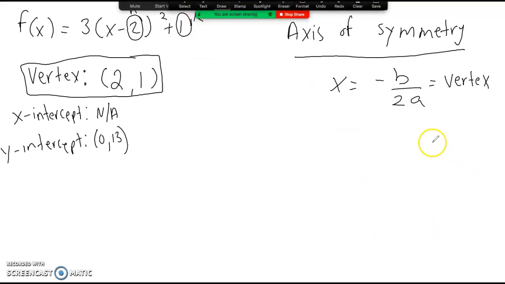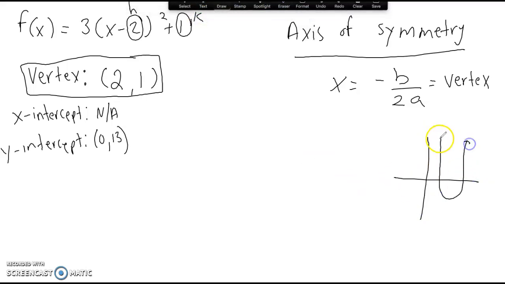So for example, if you have a graph like so, the axis of symmetry goes through the x value of your vertex, since your vertex is the highest or the lowest point of your graph. That's why you're using the same formula, because the axis of symmetry goes through that maximum or minimum point at the x value.